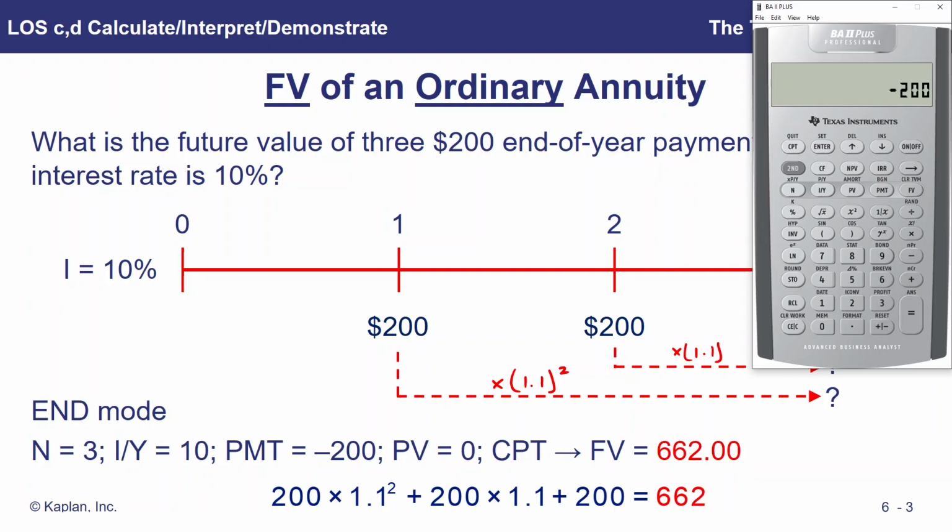So I'll type in a negative, which means when I compute the future value, it will come out as a positive. If I put these $200 in as positives, then the future value on the calculator will come out as a negative, just the way it works. So I type 200 negative and hit the payment button. Now all I need to do is compute future value, and there you go. There's your 662.